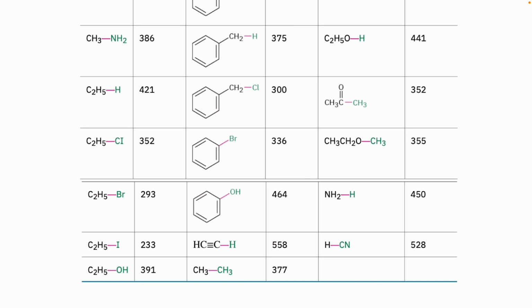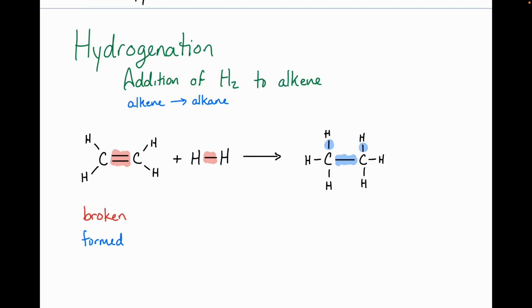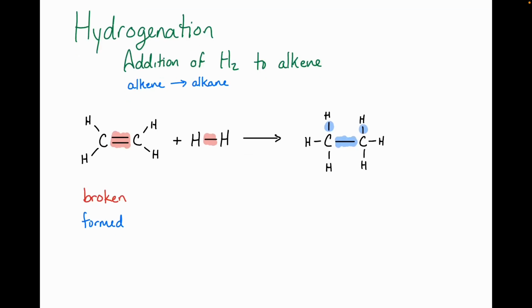All right, so my hydrogen-hydrogen bond was 436 kilojoules, whereas my carbon-carbon double bond was 728.